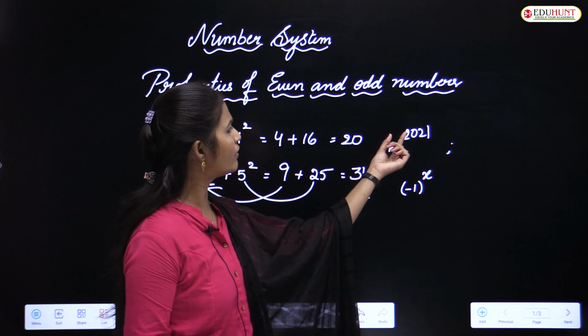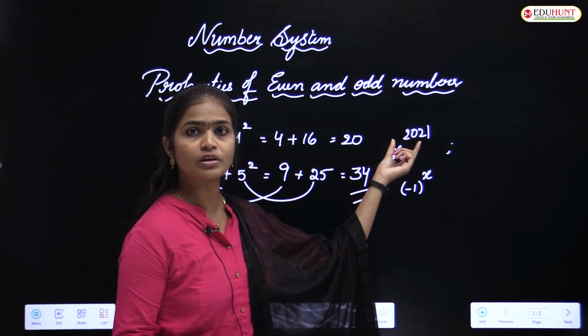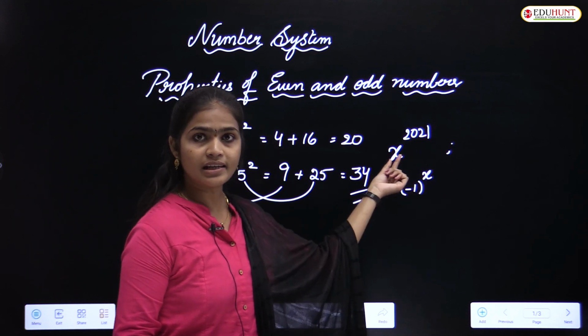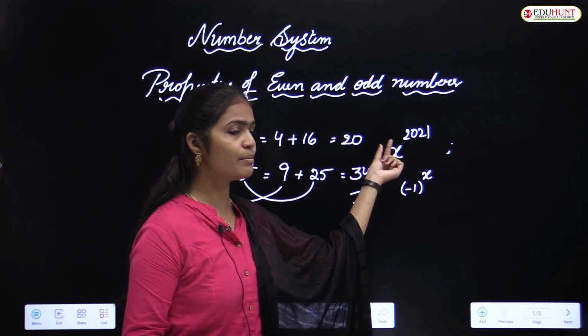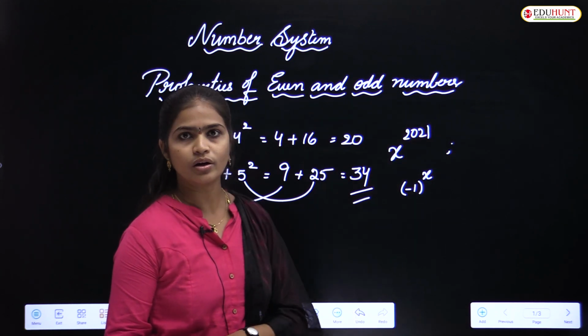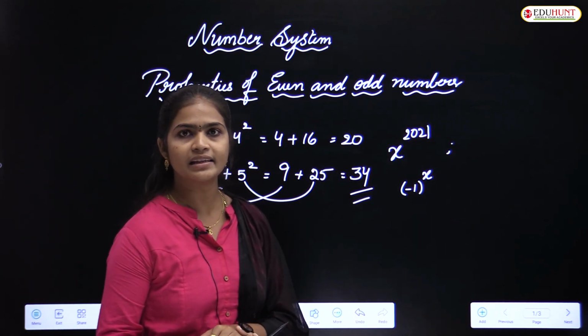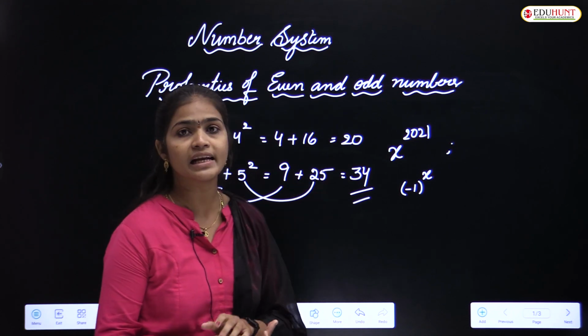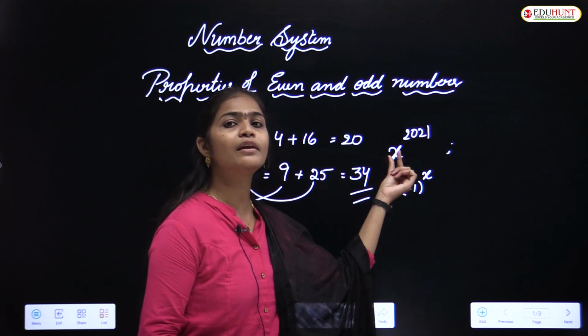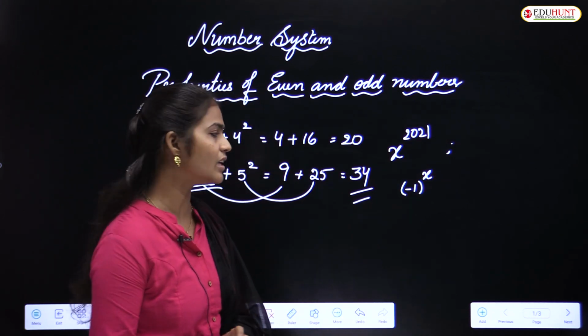Here x power 2021, that is odd, so the value depends on the x value. If 1 is there, then 1 power either even or odd, whatever it may be, you will always get 1 only. But if minus 1 is there, then changes happen, so you have to observe that.